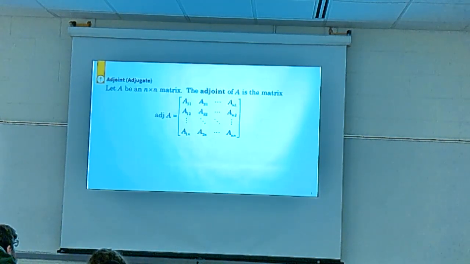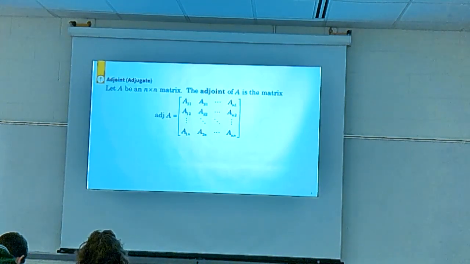Notice the cofactors go by column, not by row. Right, so the 1, 2 cofactor is actually the 2, 1 entry in the adjoint. That's fine.